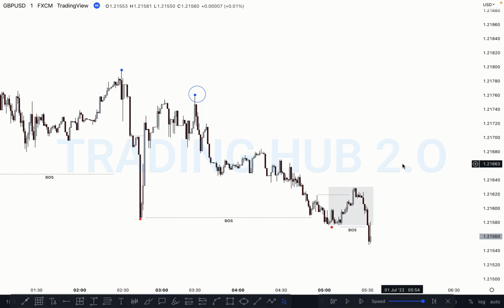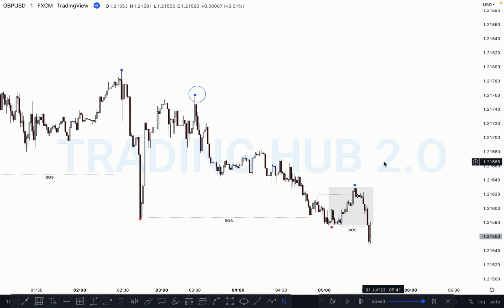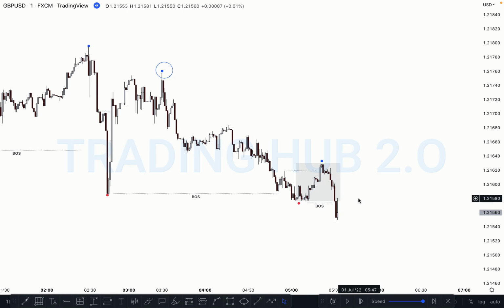As you can see, where is the highest point? Is here. So this one is our lower high, and this is a break of structure. Okay, so now you have to wait for more confirmation to take a sell. I will discuss entries in the next upcoming videos.